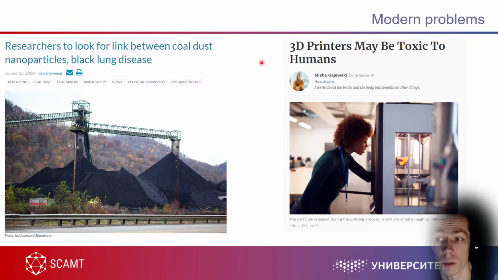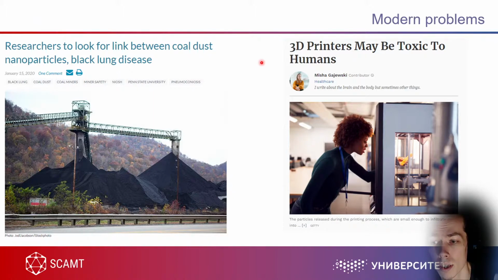When 3D printers print something, nanoparticles of plastic were found in the air. So it's not very healthy to stand even close to not bioprinters but 3D printers and inhale this air, because you can accumulate nanoplastic in your lungs.